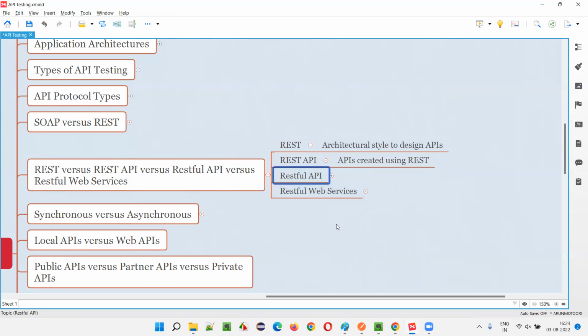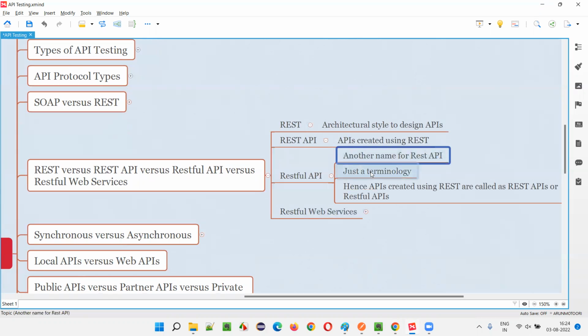Then what about RESTful API? What is the difference between REST API and RESTful API? There is no difference, guys. It's just another terminology. You can call the APIs that are created using this REST architectural style as REST API or RESTful API. Both are the same. Some people in conversations say REST API, some people say RESTful API.